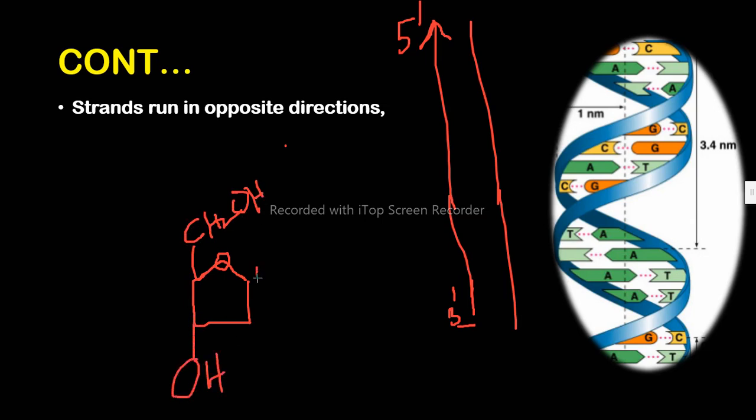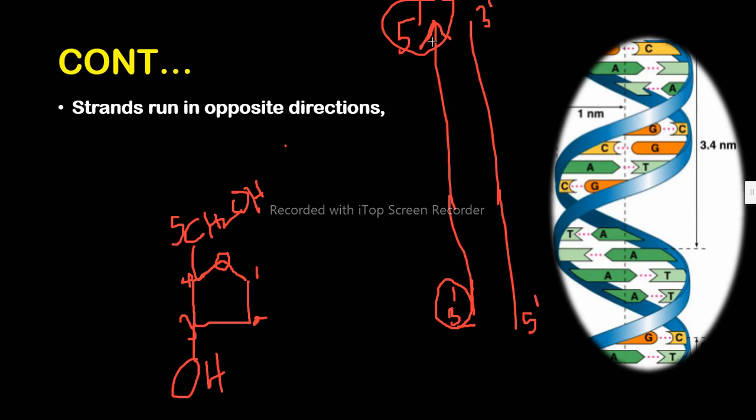So this one is going to be the 3 prime end, and this one is going to be the 5 prime end for this strand. Then the next strand must run in the opposite direction, whereby this one will be the 3 prime end and this one will be the 5 prime end.